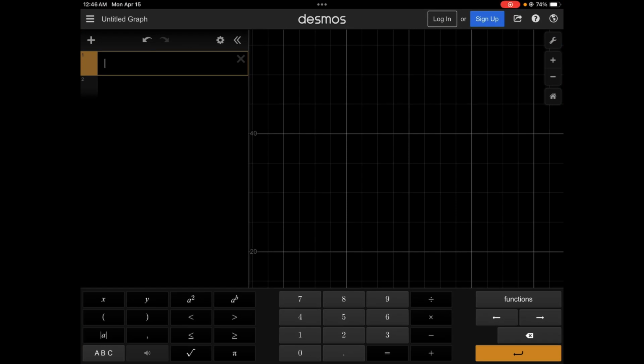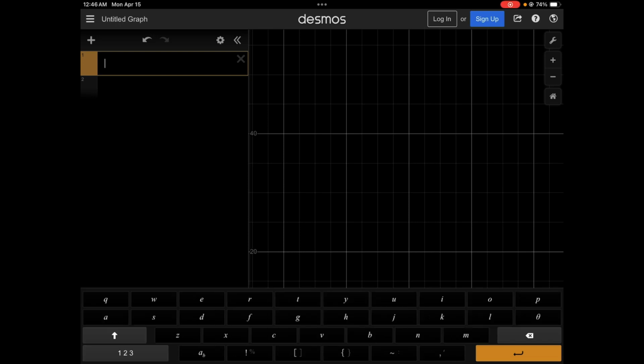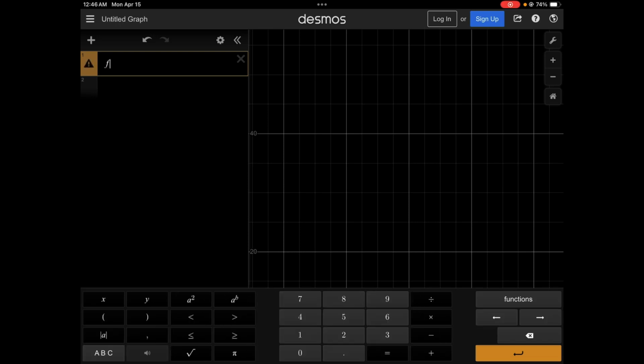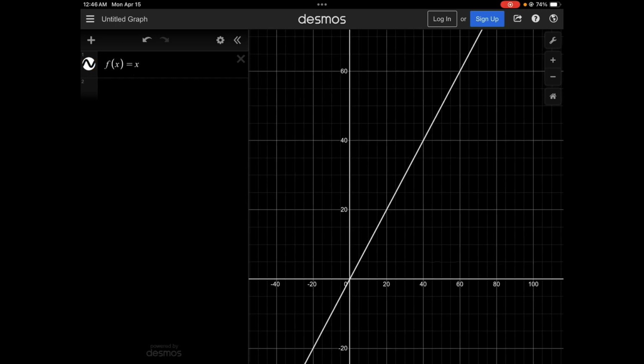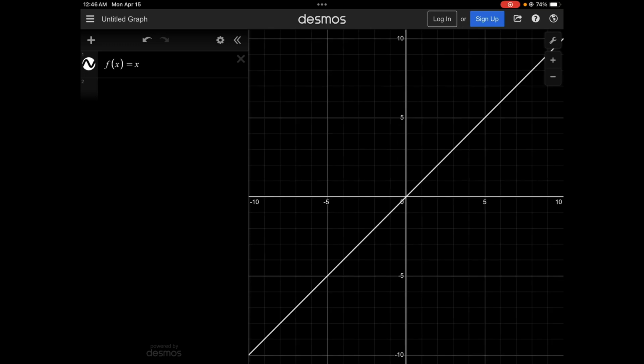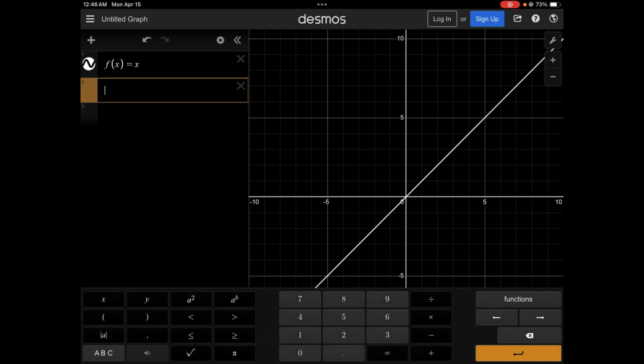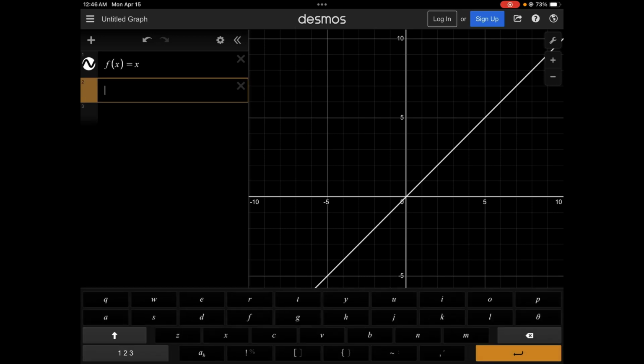First of all, I would put exactly what it's giving me. F of x equals x. Okay, now I have the parent linear function, or the function that I start with. Then I'm going to write it exactly as it's given.